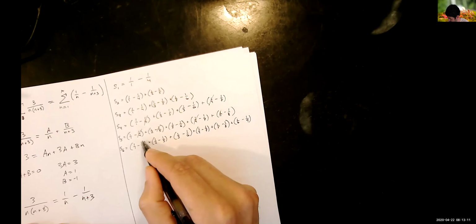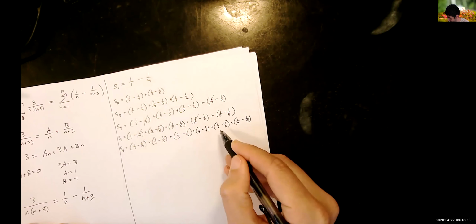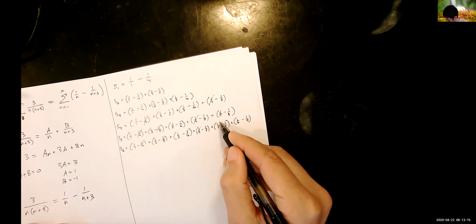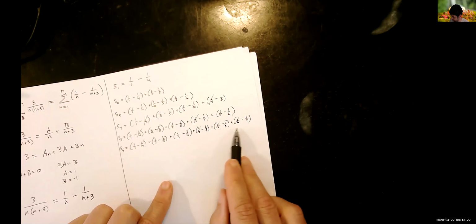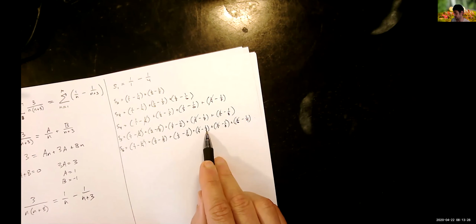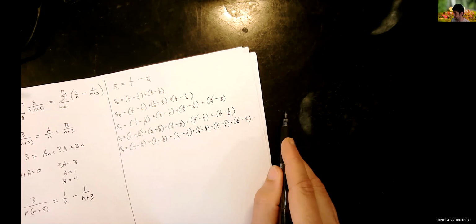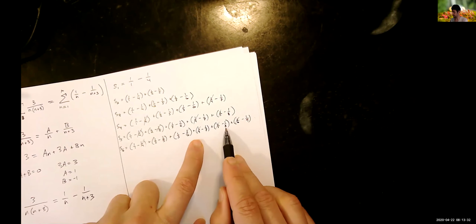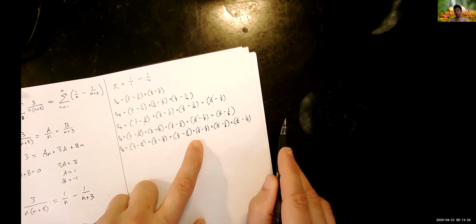So again, we're going to see 1/4, 1/5, 1/6 canceling, and this is just going to continue as I add the next. The next one I would add would have a plus 1/7, which would cancel the 1/7 there, and it would have a minus 1/10.